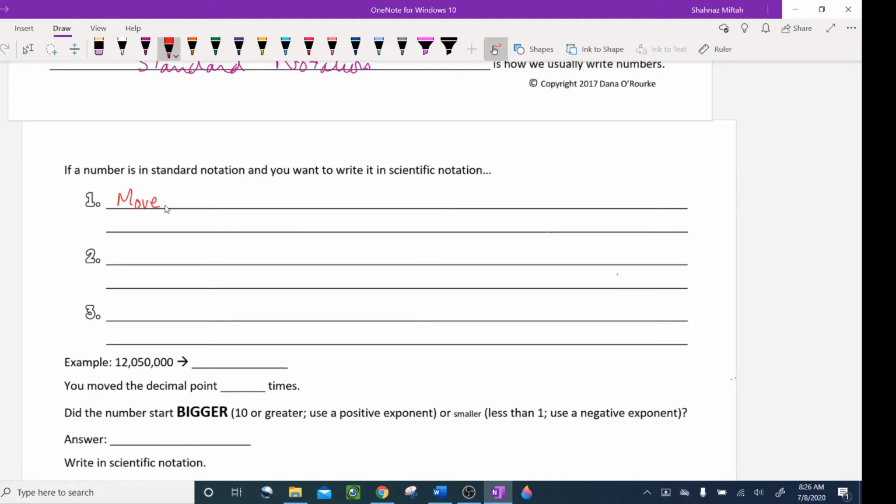Move the decimal point until there is only one digit, other than 0, before the decimal point.